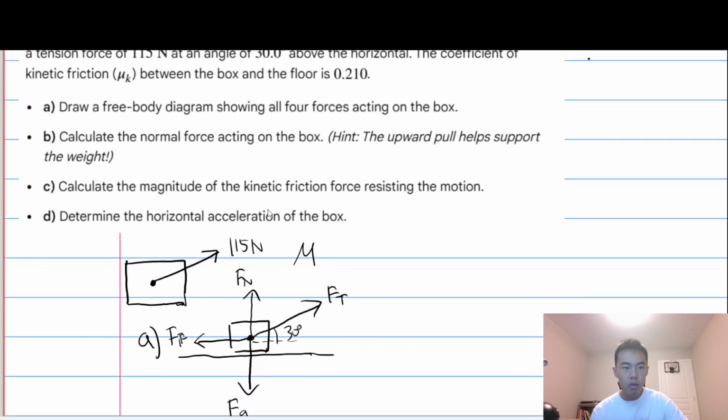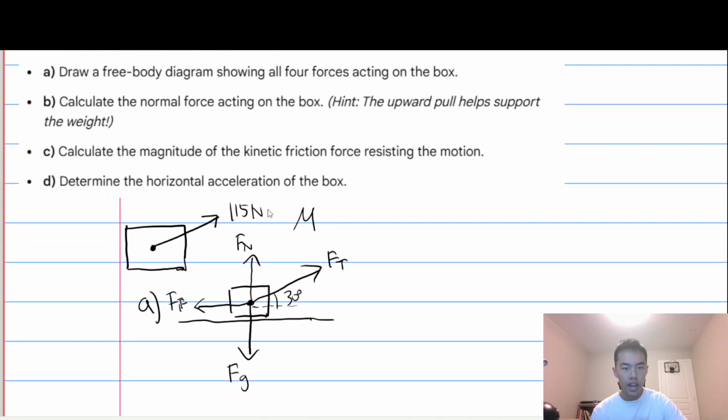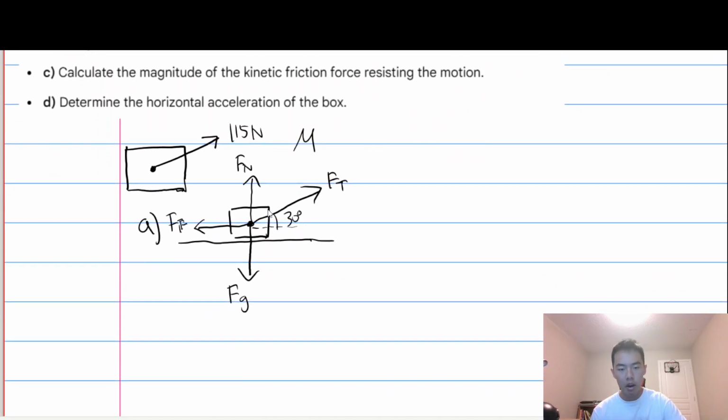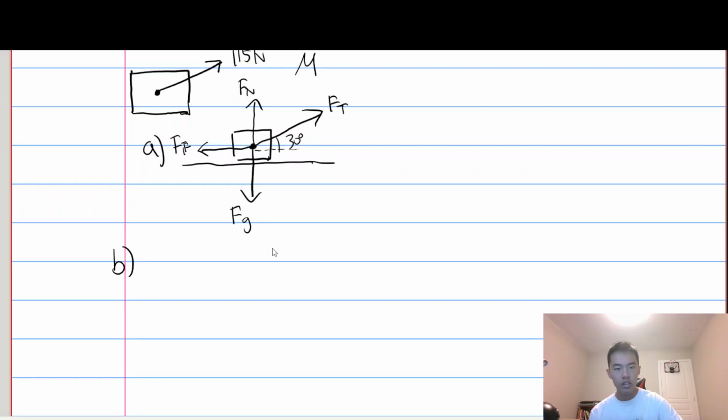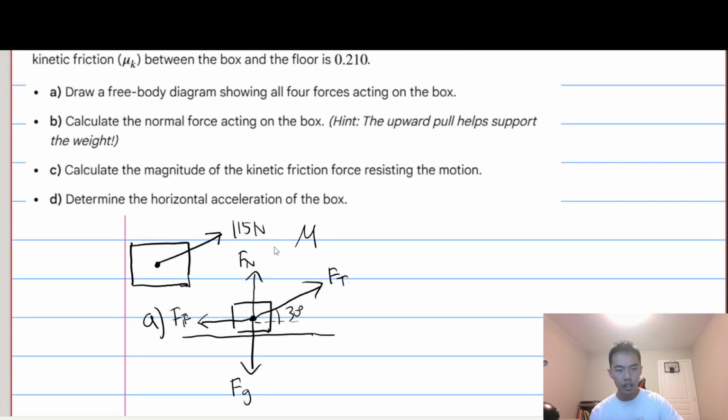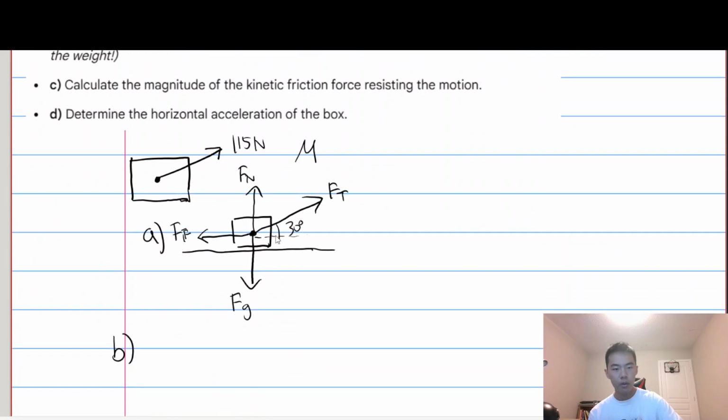Now, what does B want us to do? B wants us to calculate the normal force acting on the box. So in order to do this, I need to take a look at all the numbers again. Mass equals 24 kilograms. My screen's a bit small, so I can't fit it all.